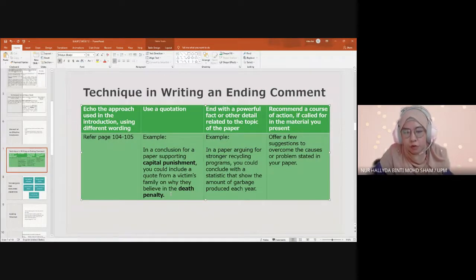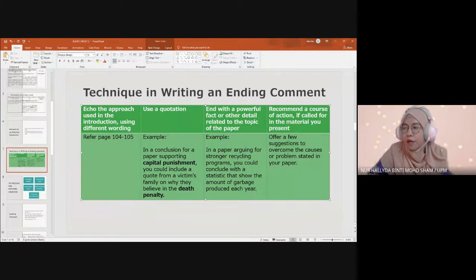You say this is the quote from the parents of the victims who died because they were killed by this criminal, and this criminal, they are trying to save him by putting him in prison, not hang. So to create that dramatic effect.